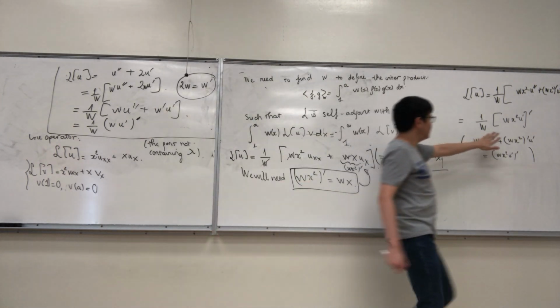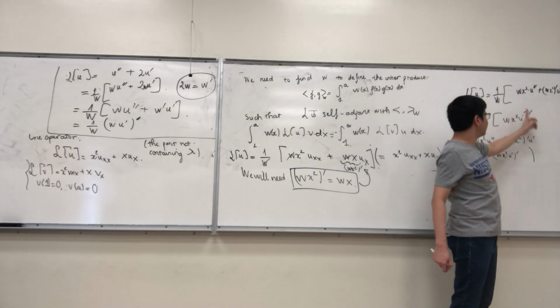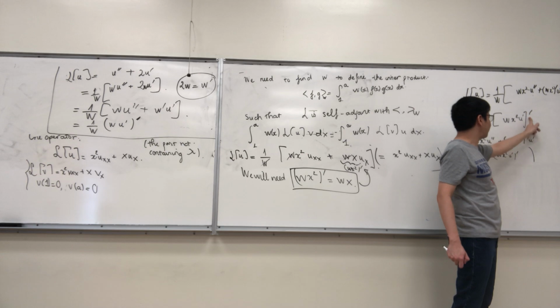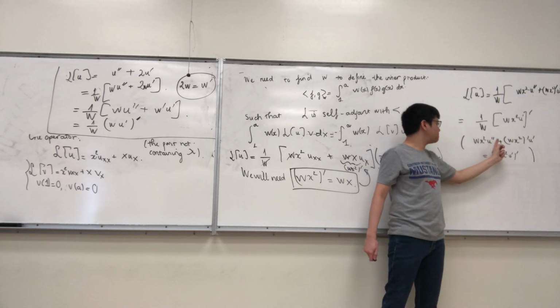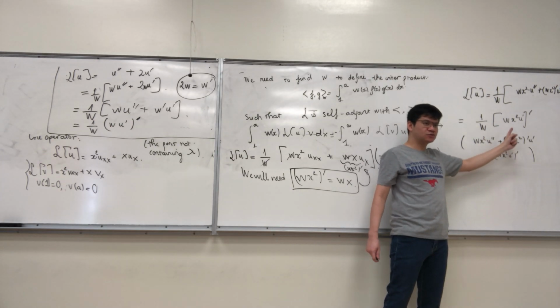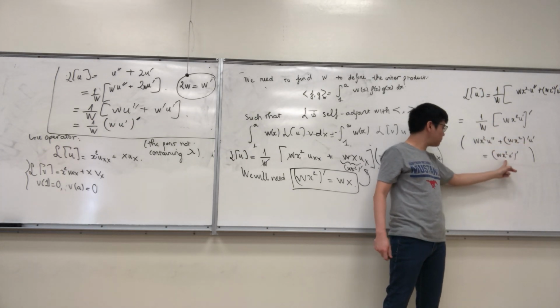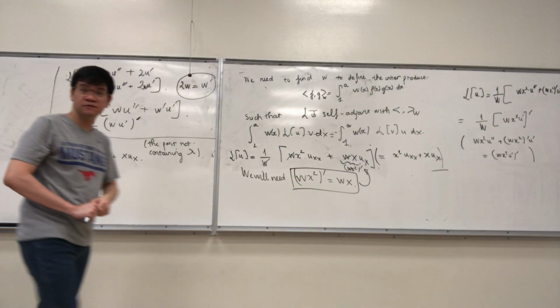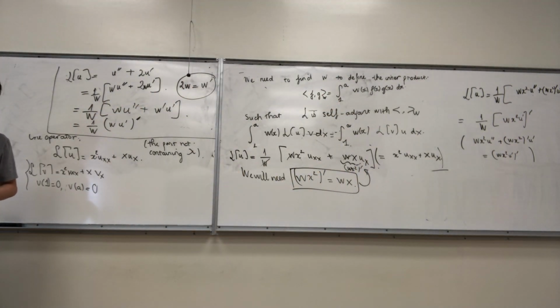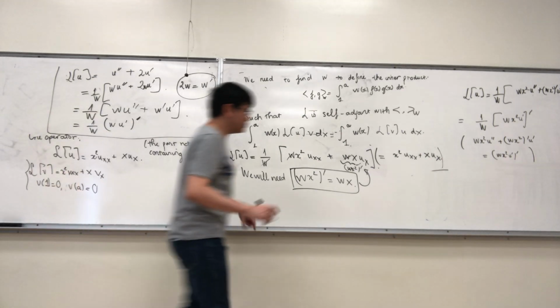When you have that, you can convert this operator into the form Wx squared u prime prime, because of the product rule: Wx squared u prime prime plus Wx squared prime u prime is Wx squared u prime prime. Questions? Is it clear? Right, so this is how you choose it.